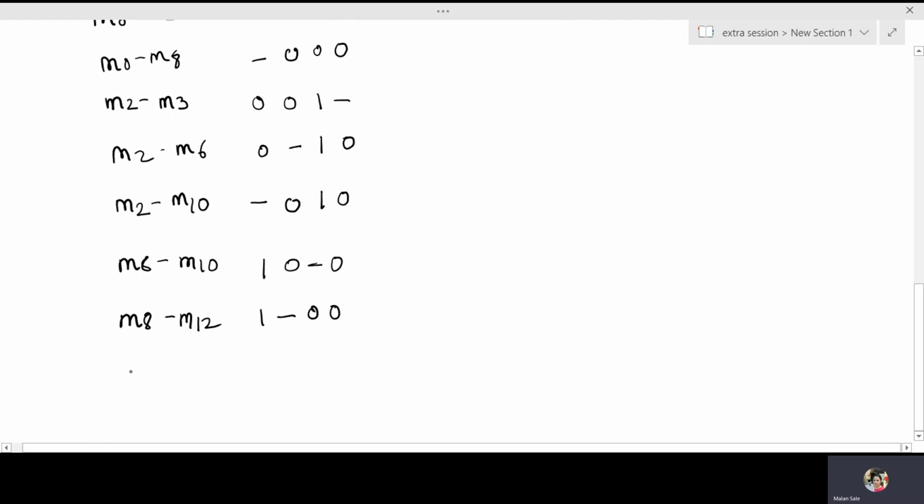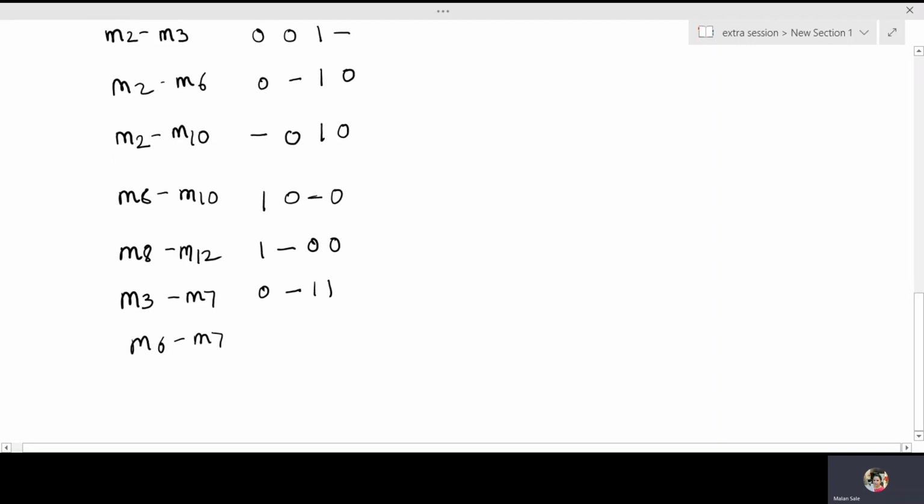Next one M3, M7 with 0-11. Then M6, M7 with 011-, and M12, M13 with 110-.